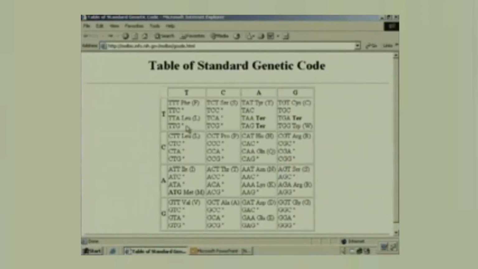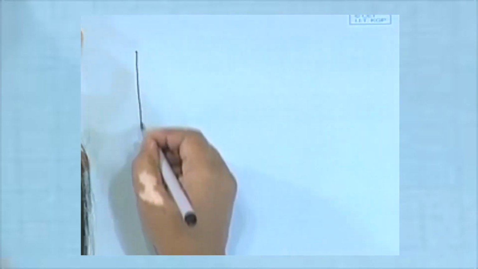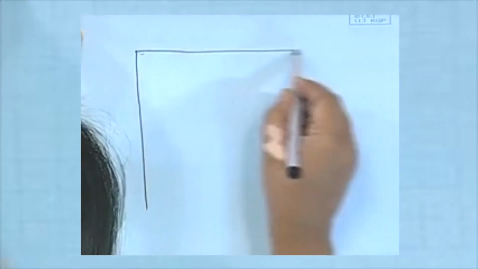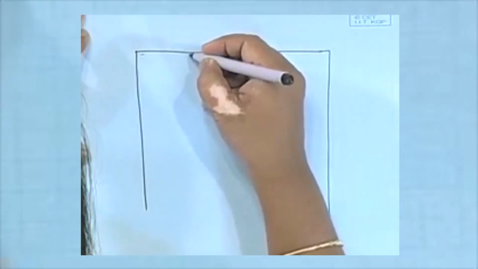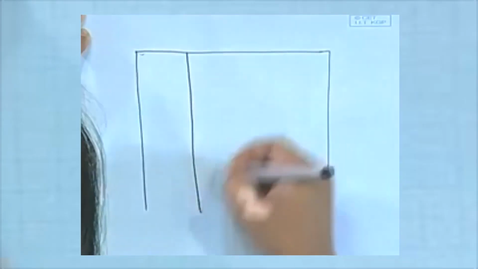This is what is called the genetic code. Now, in the genetic code, I'll just show you what it means. We have something like this. This is the first base.